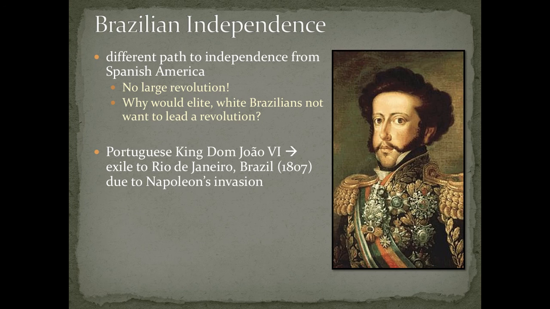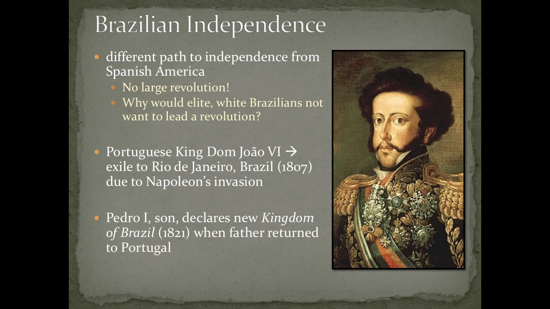He knew that it was just a matter of time before Brazil would also declare independence. So it made sense that he would name his son as leader of Brazil upon his departure. And he pretty much told his son, Pedro, that if Brazil's going to get its independence, I want you to lead it, all right? And it's going to be under your terms.